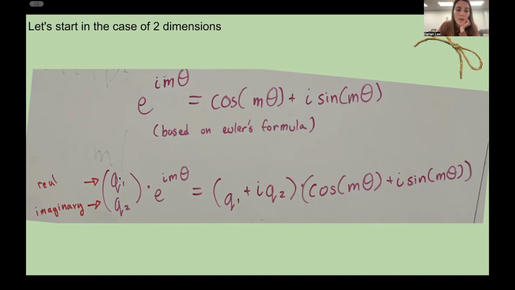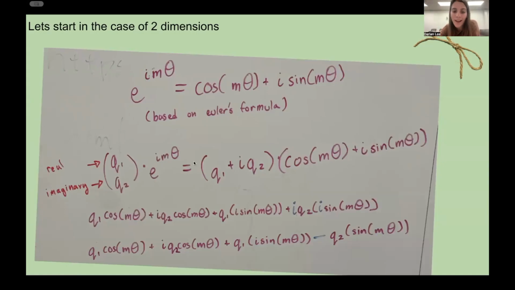Now, we can also substitute out this Q1, Q2 vector for the imaginary form that we defined in the last slide, as Q1 plus iQ2. And then we can multiply that by the cos and sine version of this rotation.